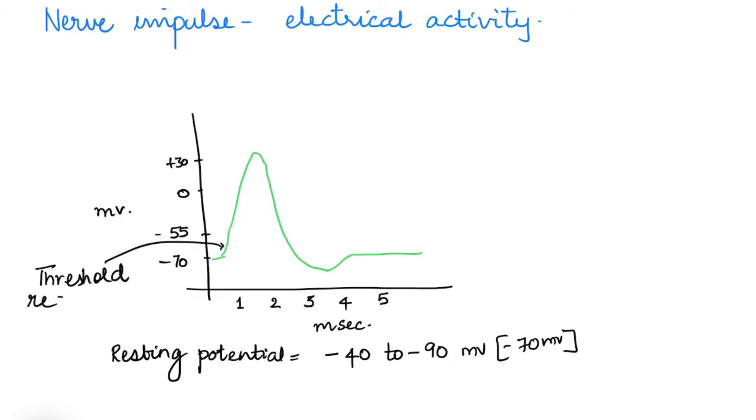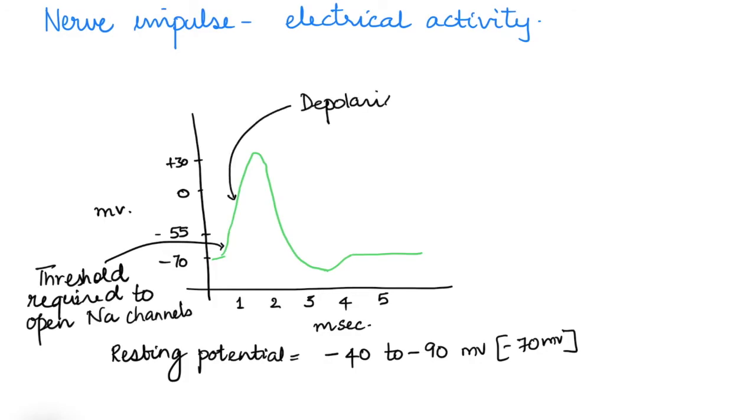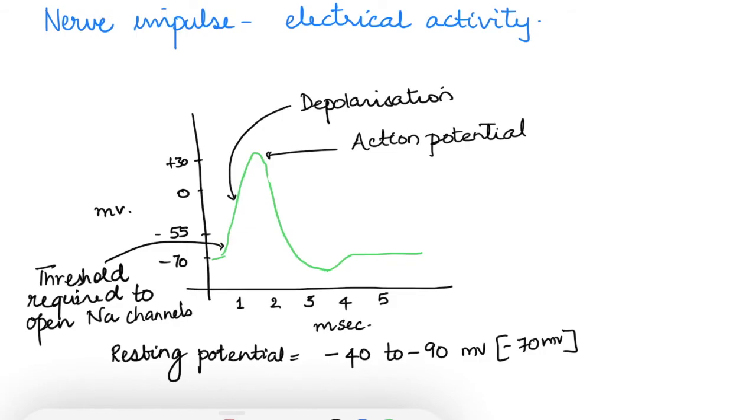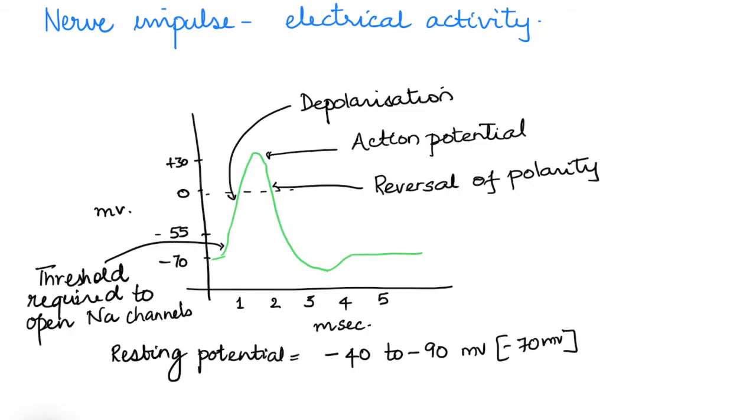For an action potential to be generated, there has to be a threshold for opening the sodium channels, which is negative 55 millivolts. After that, the depolarization process begins, and it reaches to positive 30, and that positive 30 is the action potential or the actual nerve impulse.